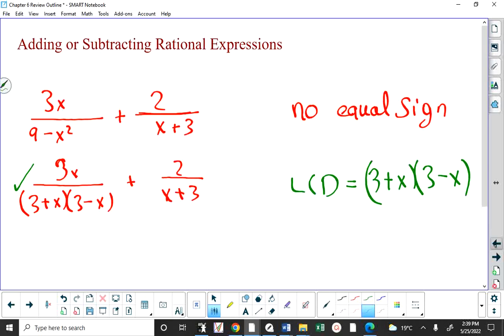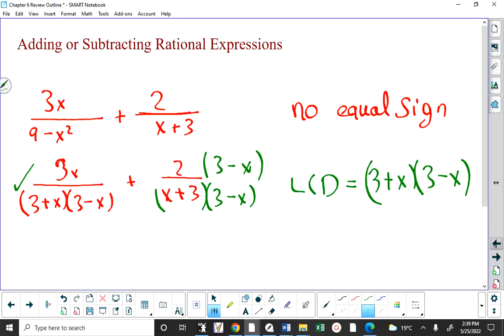It's missing the 3 minus x. So I'm going to multiply the top and the bottom by 3 minus x. And what this accomplishes is then I have the same denominator and I can add them. And Miles, what you were saying was just multiply only the top, and we'll get to that in a second.